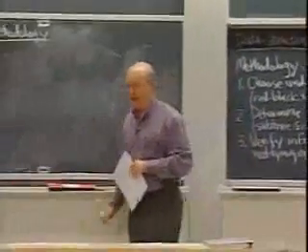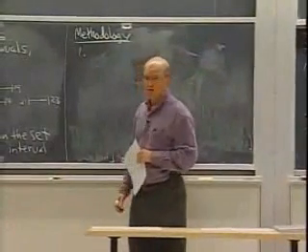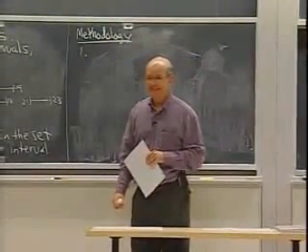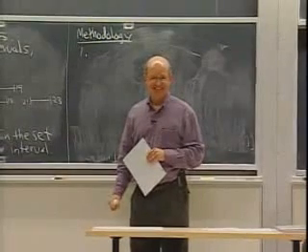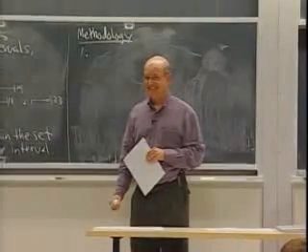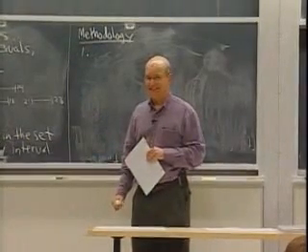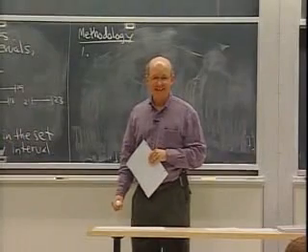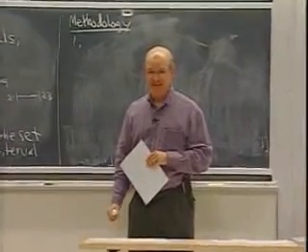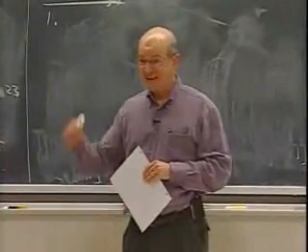Does anybody have a suggestion as to what data structure we ought to use here to support interval trees? What data structure should we try to start with here to support interval trees? Anybody have any idea?